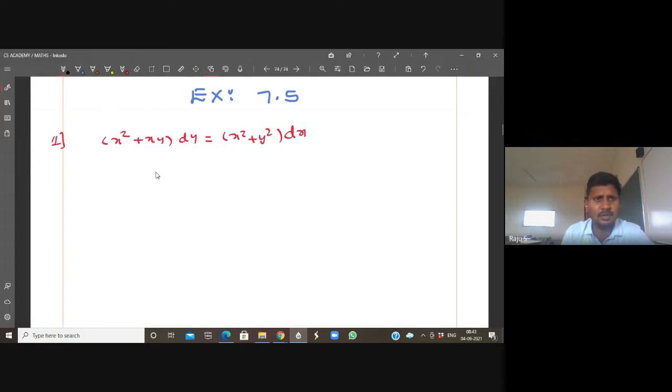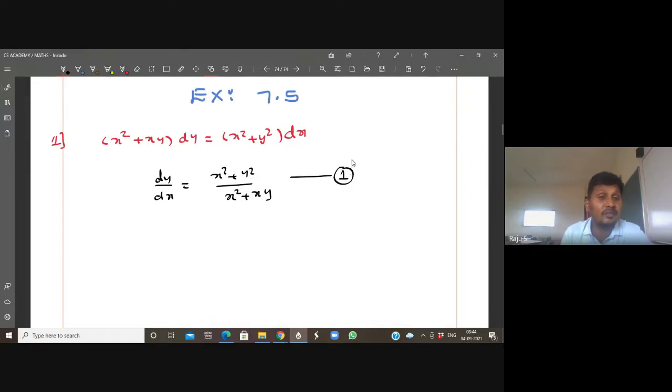If we solve one problem, we can easily understand everything. So change it to standard form: dy by dx is equal to x square plus y square by x square plus xy. Let us take this as equation 1.